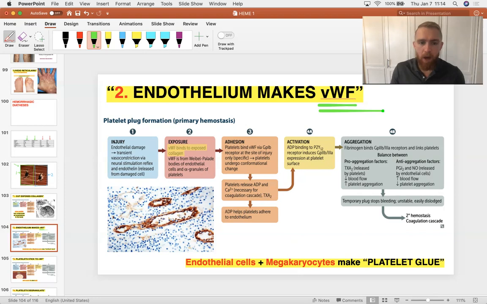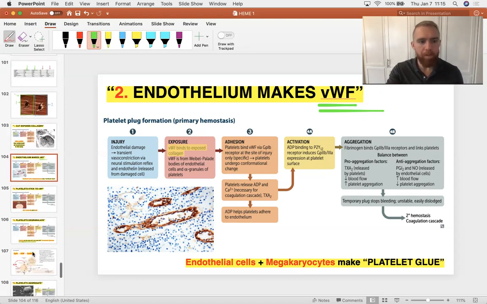Megakaryocytes actually make a little bit of this platelet glue and send it out with platelets, because remember, platelets originate from megakaryocytes that live in the bone marrow, and they just pinch off these platelets and put them into circulation. So when they do, they give them a little von Willebrand factor so that when that platelet is hiking through the bloodstream and sees some damaged endothelium, it can say, all right, I can take care of that. I can stick to this wall. So endothelial cells and platelets make von Willebrand factor that adheres platelets to an injured cell wall.